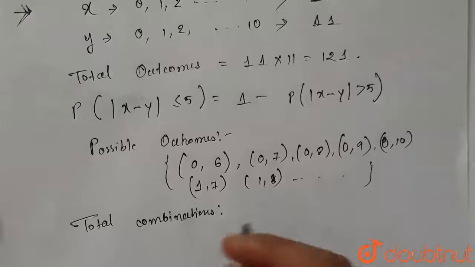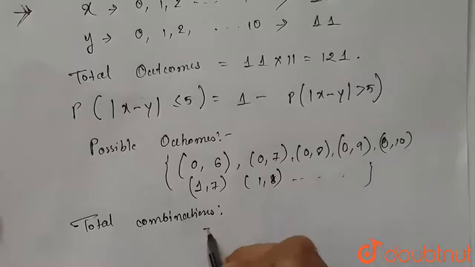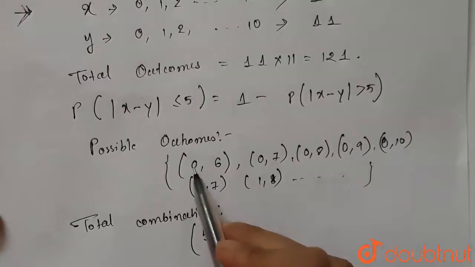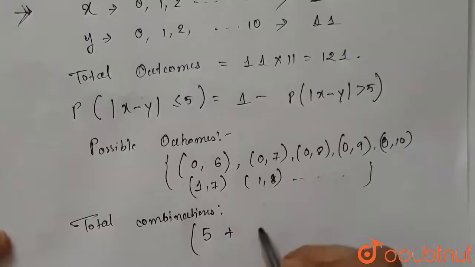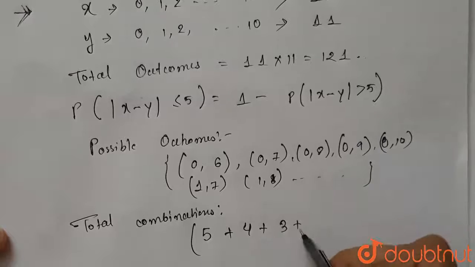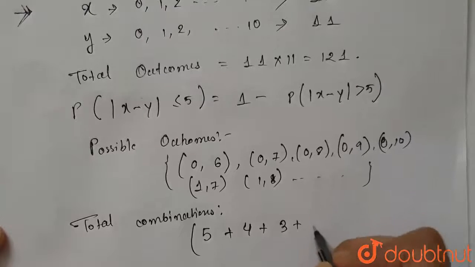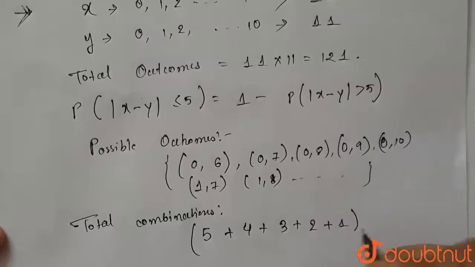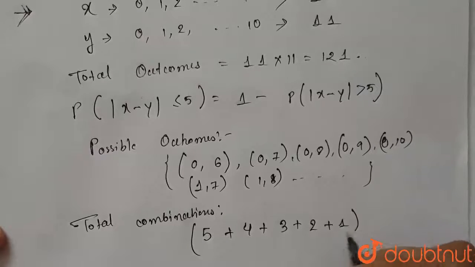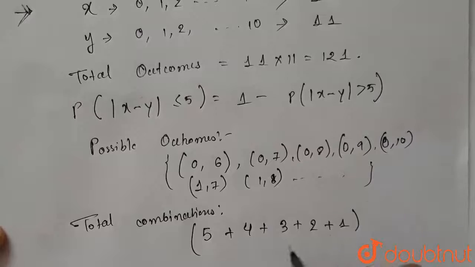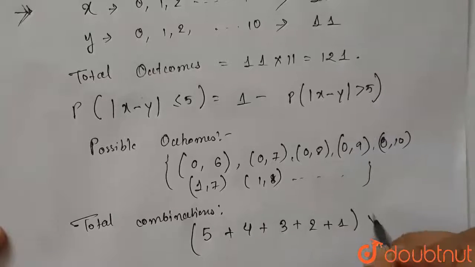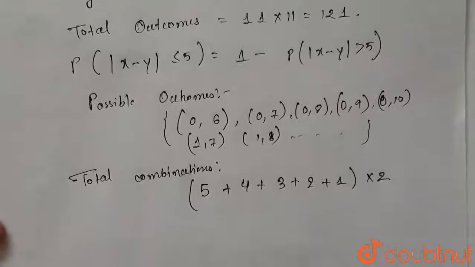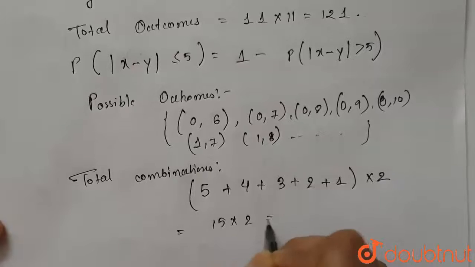So the total number of combinations possible are 5 when x is 0, 4 combinations when x is 1, then 3 for x is 2, then 2 for x is 3, then 1 for x is 4. If we reverse this, we get again 5, 4, 3, 2 and 1, so we can just multiply it by 2. So we get 15 into 2, which is equal to 30.